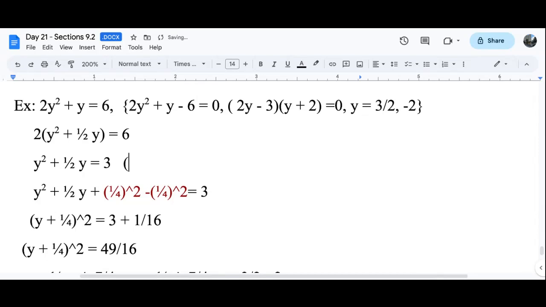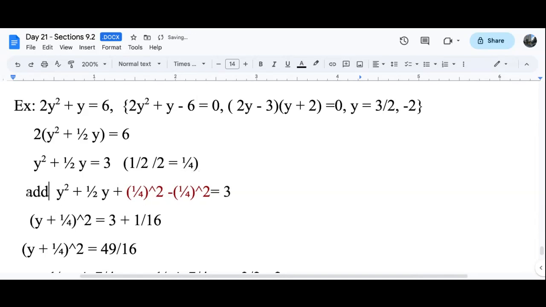Now, again, we take the number before the variable, which is half. Then half divided by 2 is 1/4. All right, so that's our B. So then we add 1/4 squared. We take this half, divide by 2, we get 1/4.